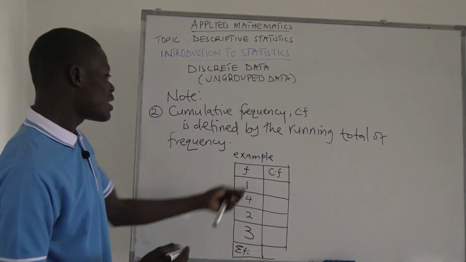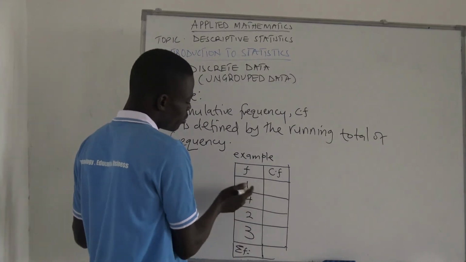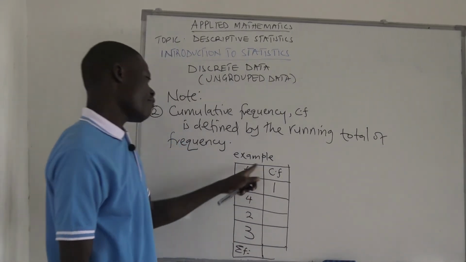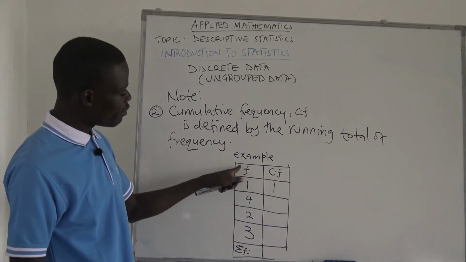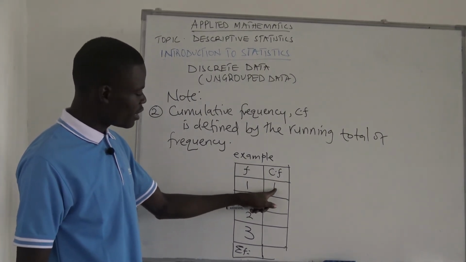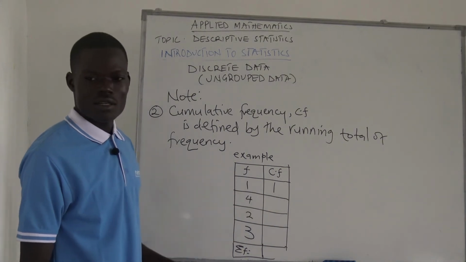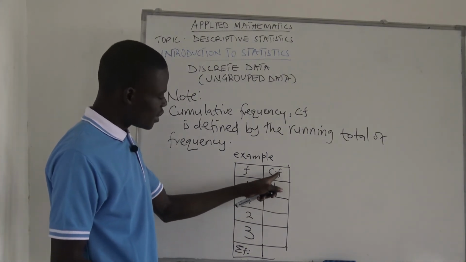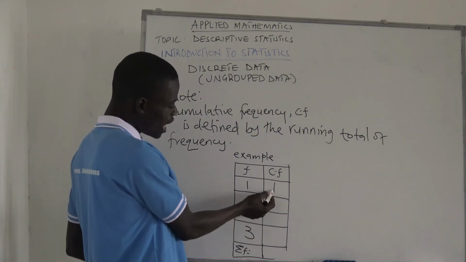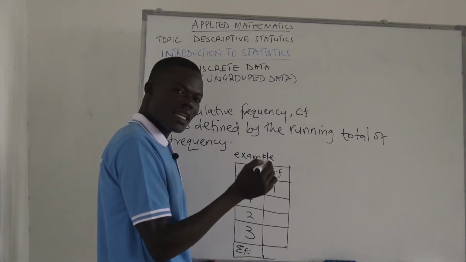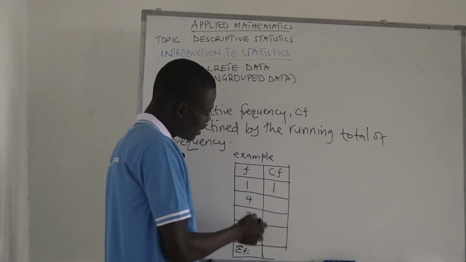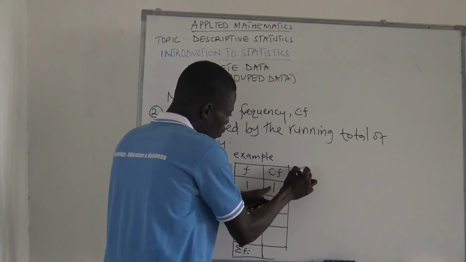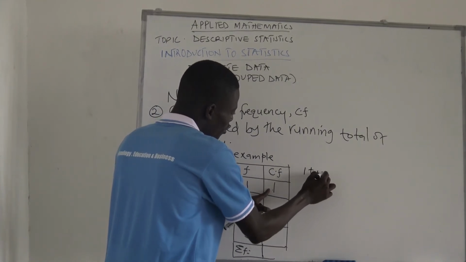The first cumulative frequency is always the first frequency, which is 1. The second cumulative frequency is 1 plus the second frequency, so 1 plus 4 equals 5.